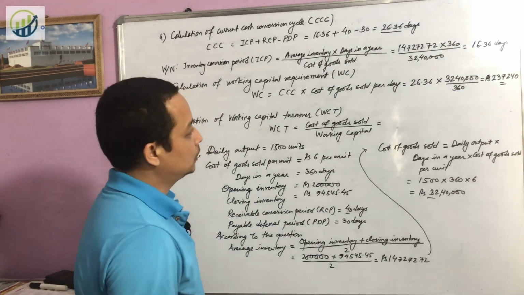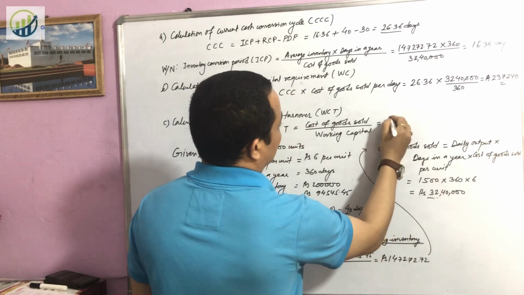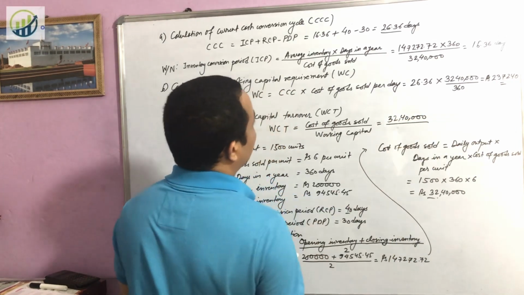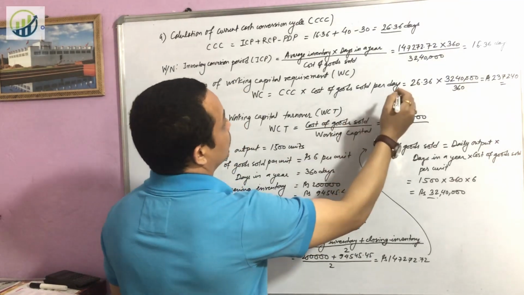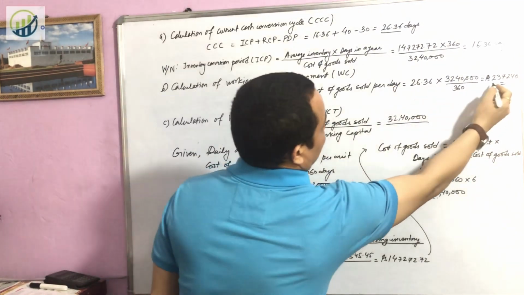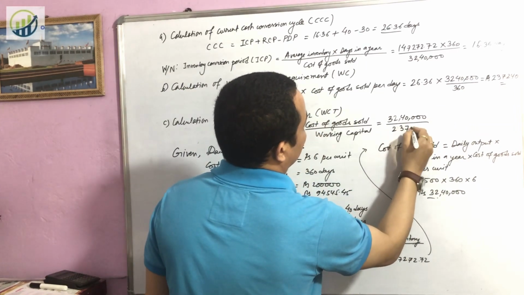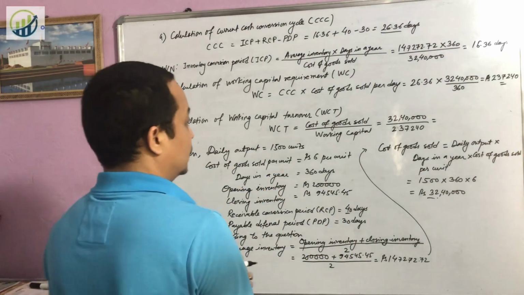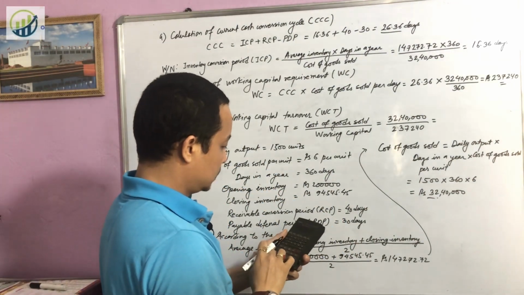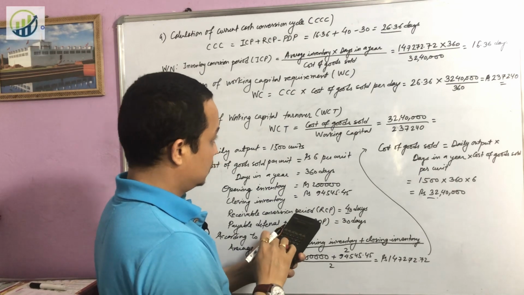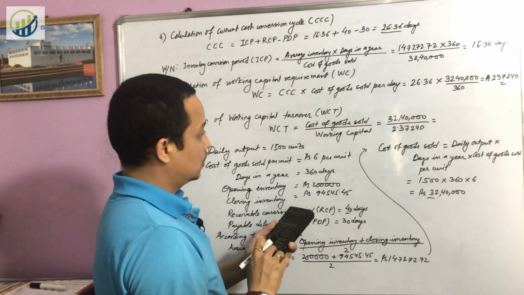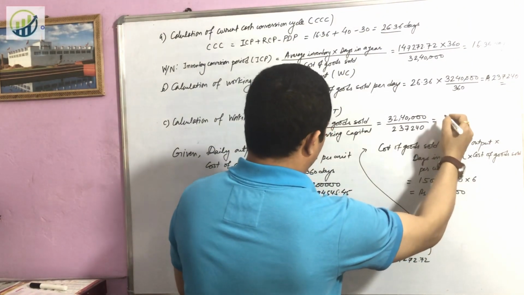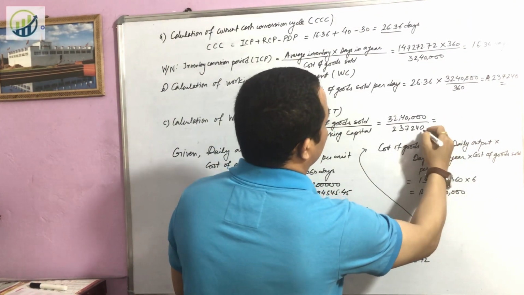So cost of goods sold here is 32,40,000 and working capital here is 2,37,240. Okay, so that will be 32,40,000 divided by working capital 2 lakh.